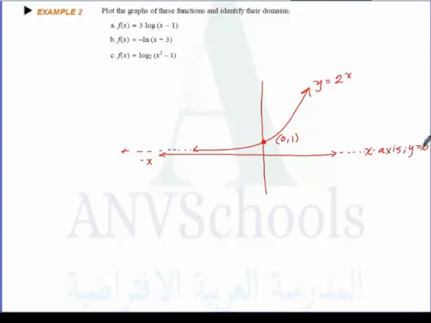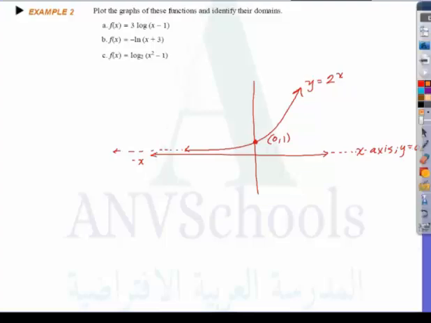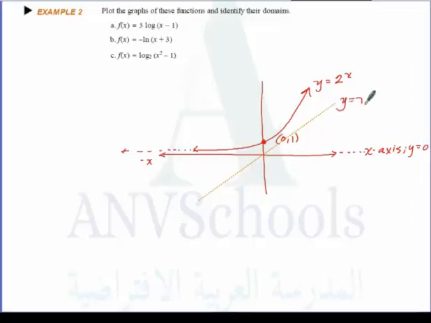Now we also have a certain function called y is equal to x. This is the line of reflection of both the exponential function and the logarithmic function.